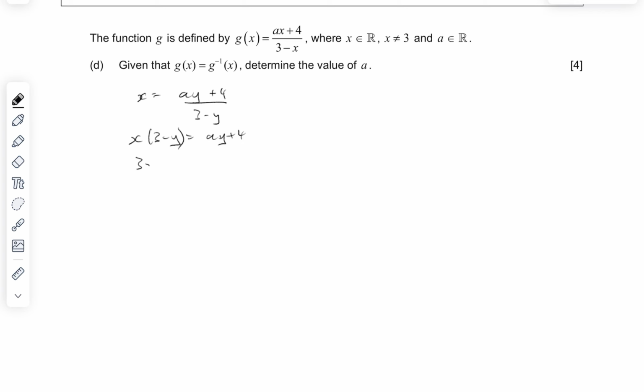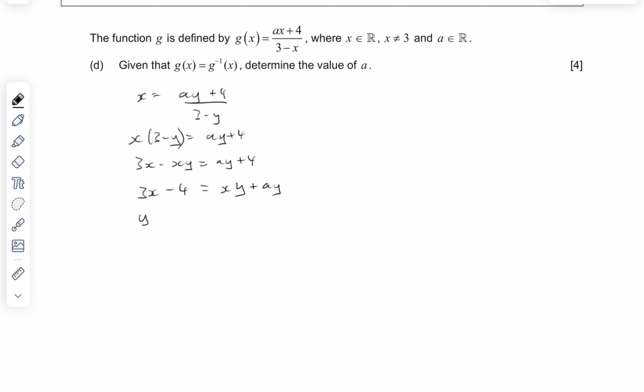Expand the brackets. Get everything with a y on one side and the numbers on the other. So add xy to both sides, I get xy plus ay equals 3x subtract 4.